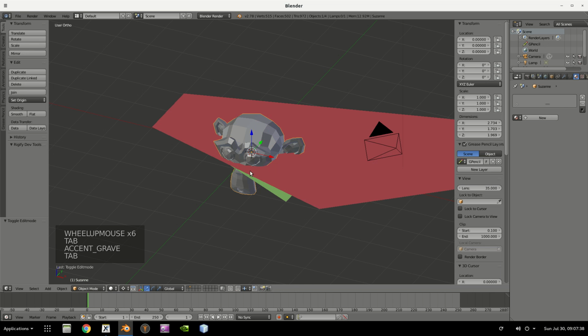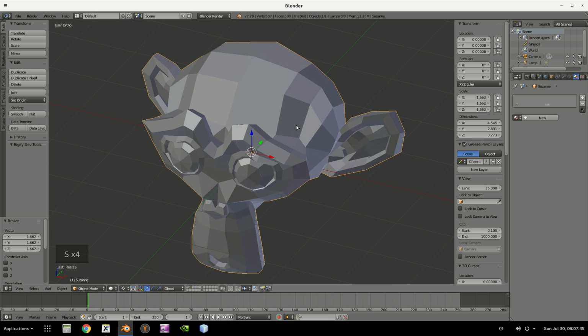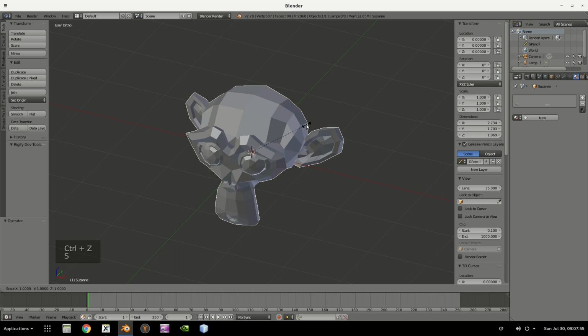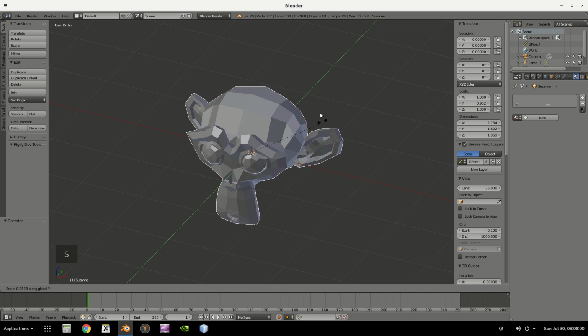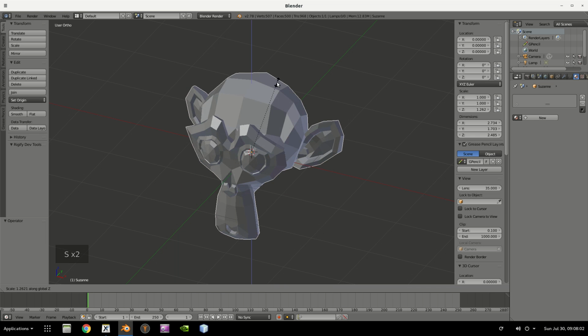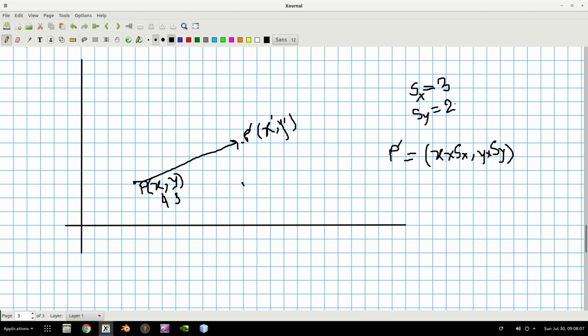When we are scaling this thing, we're changing the coordinates for each and every polygon. All these vertices change. And you can also scale in different axes, like you can make it wide, or you can also make it tall. Actually, sz rather. In that way we can have different scaling factors for different axes.